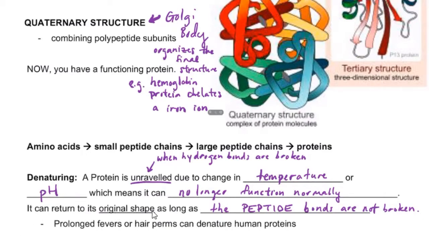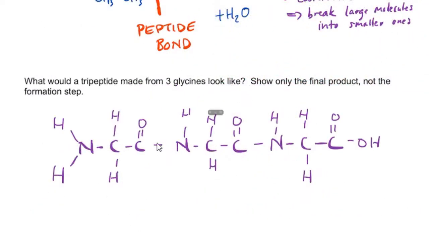If you take away the change in temperature and put it back to normal, or get the acidity level back right, as long as you haven't chemically separated those amino acids and broken the peptide bonds, these ones here, then as soon as the temperature and pH go back to normal, it just refolds like it did originally. And so it can go back to working again.